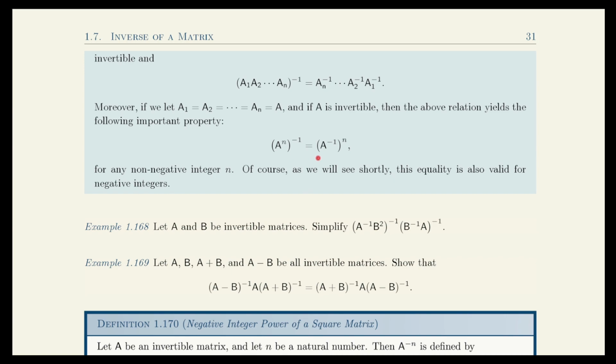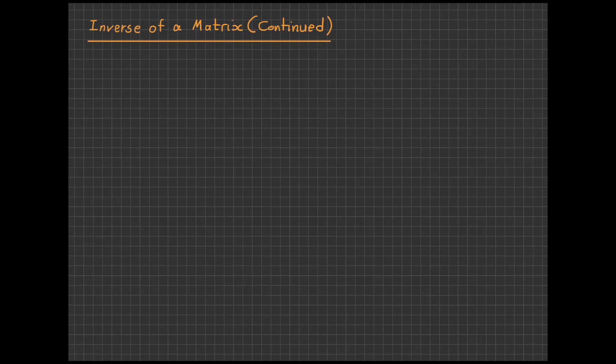So let me go back and write something here. We had this formula, if you remember: if A and B are invertible, then (AB) to the power of -1 is equal to the inverse of B first, multiplied by the inverse of A. Now, what happens if I choose A and B to be the same matrix?